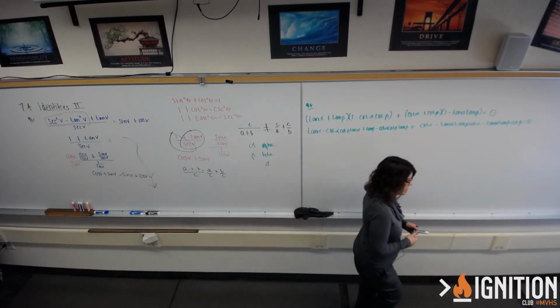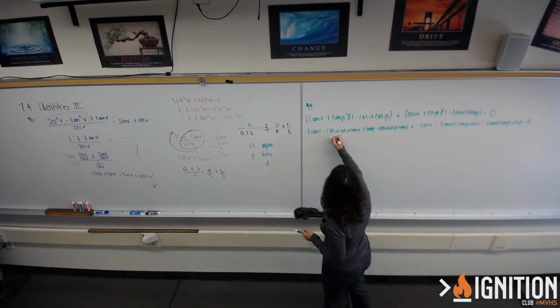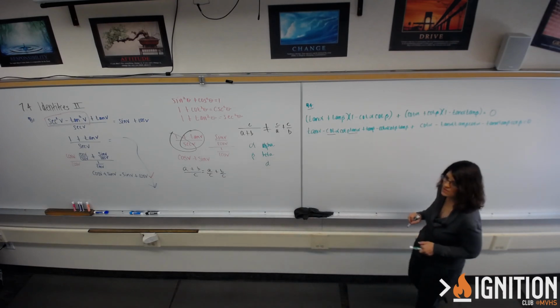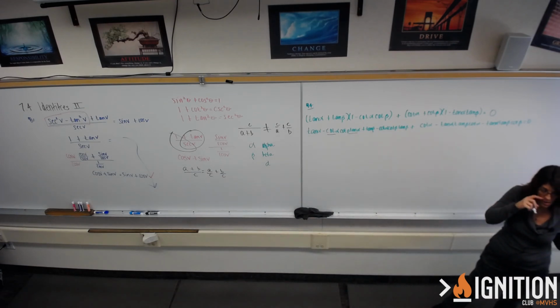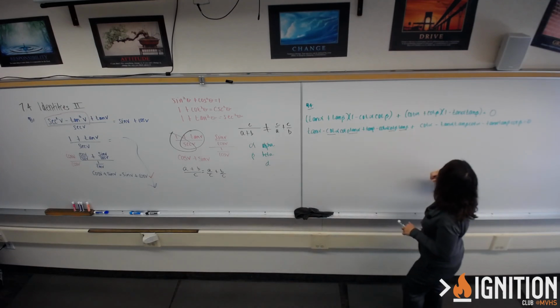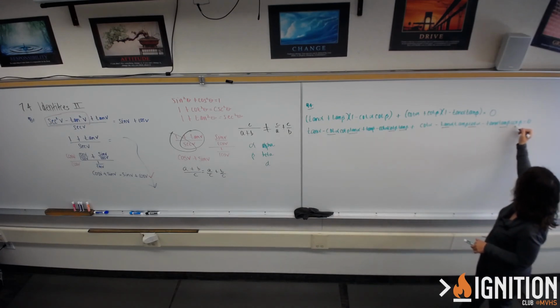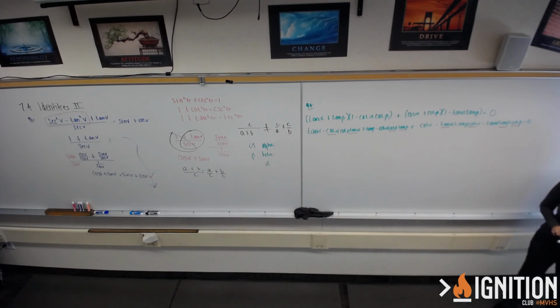Because cotangent alpha times tangent of alpha is 1. Cotangent beta times tangent beta is 1. Tangent alpha, cotangent alpha, 1. Tangent beta, cotangent beta, 1. Yeah, things just got a lot easier. How is that possible? Because tangent is sine over cosine, cotangent is cosine over sine, blah, blah, 1.